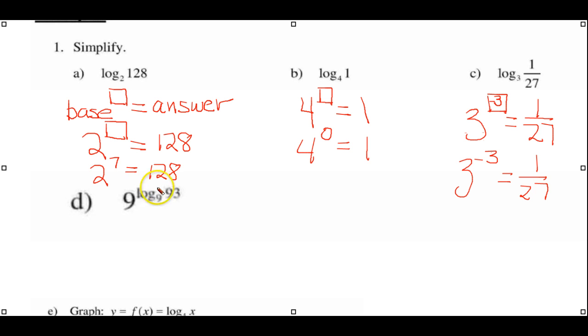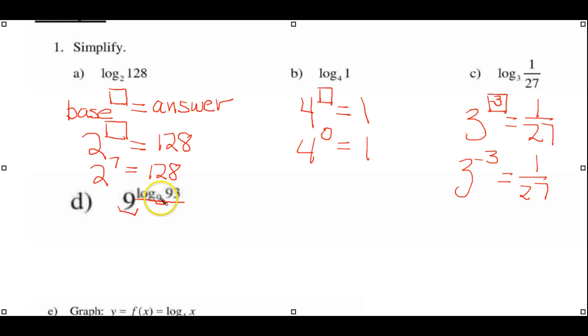Now, letter D is a little interesting because we'll see this later in lessons, and it's sort of interesting here. Here our exponent is this, and we have this here. So whenever this number and this number are the same, again, we're not going over it completely yet, but I will a little later on.